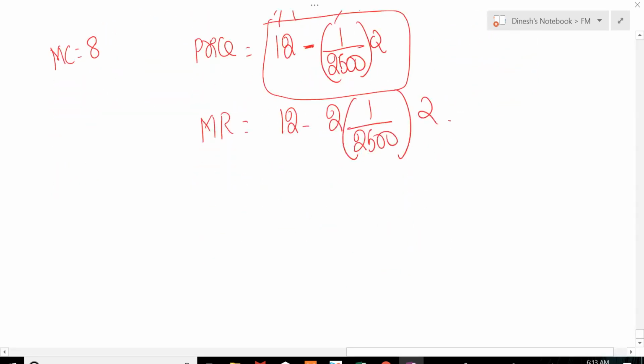What we have to do is MR equal to MC. 12 minus 2Q by 2500 is equal to 8.